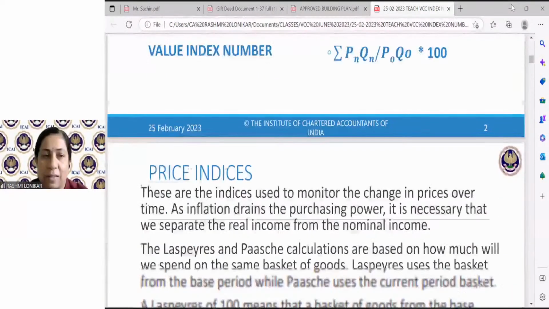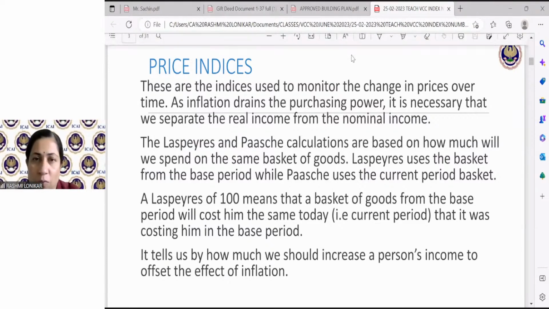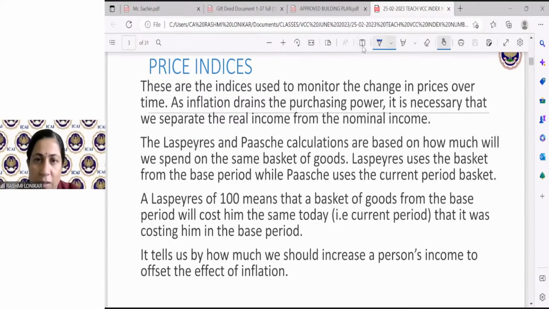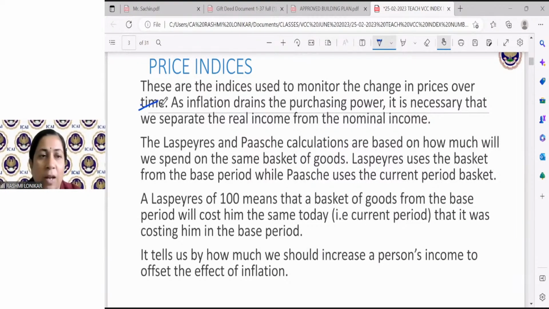Now, price indices. So what are price indices? These are indices used to monitor the change in price over time. You know that there is inflation.